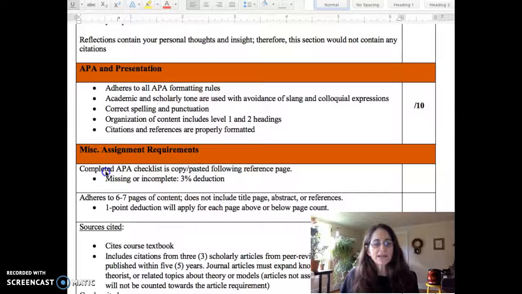So one last point that I wanted to make was about this APA checklist. Now this is here for you to learn how to format your paper. I suggest going back to your other paper, assignment 1, and looking back at the formatting errors that you might have made, whether it's references or formatting the title page, things like that. And then content, right?